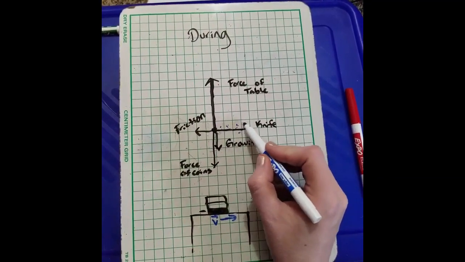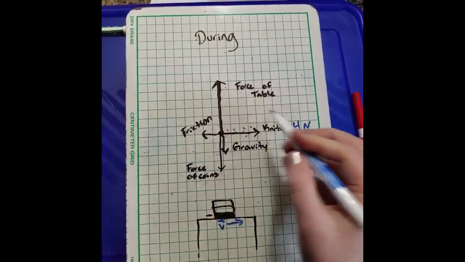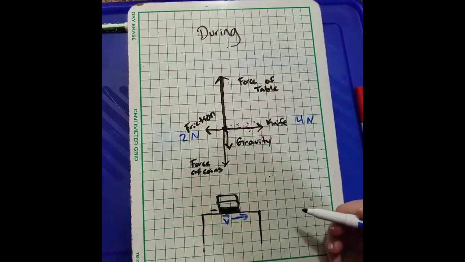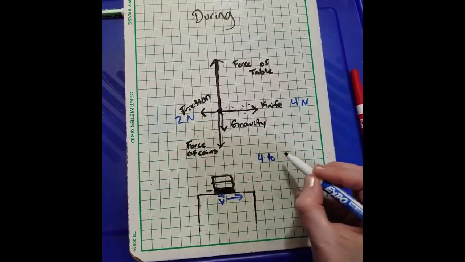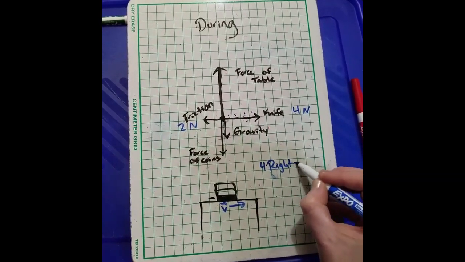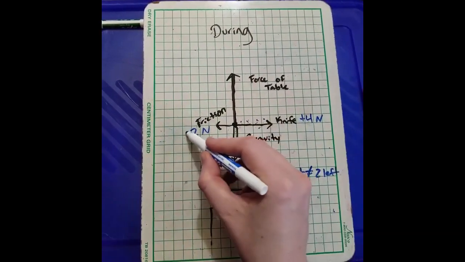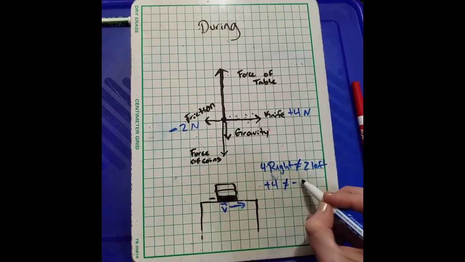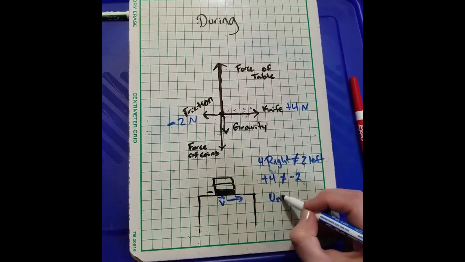I have 4 going to the right, and I have 2 newtons going to the left, and 4 to the right does not equal 2 to the left. If I go back to using positive and negative to show direction, +4 does not equal -2. So this is a case where we have unbalanced forces.